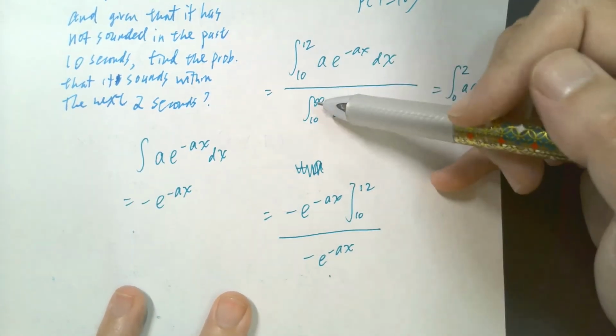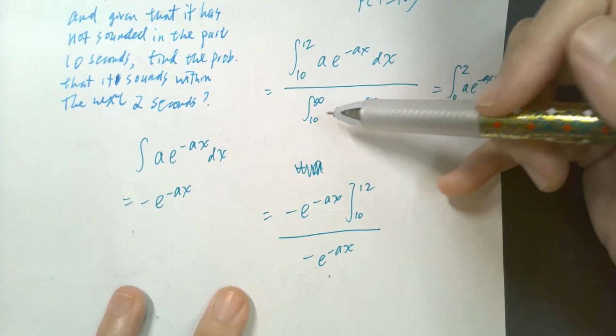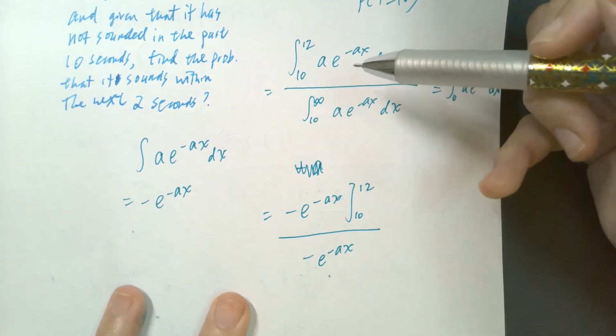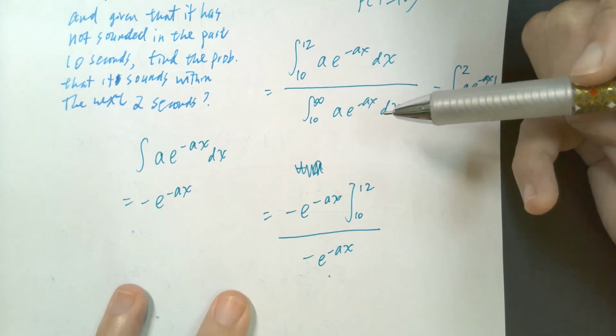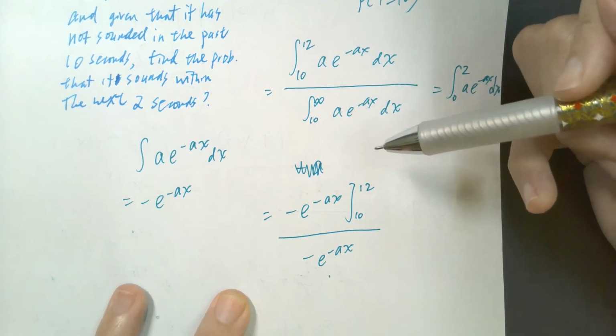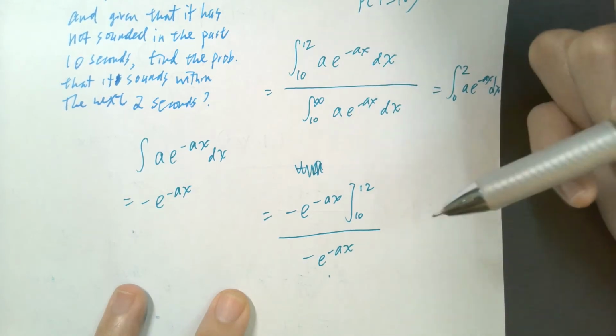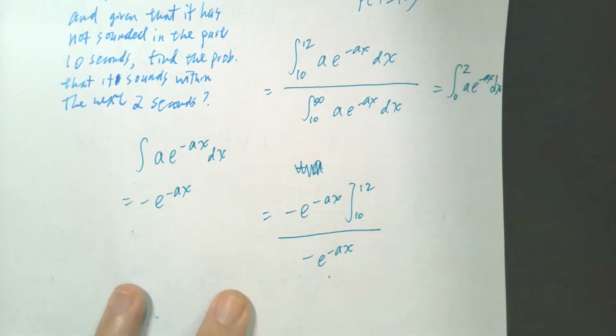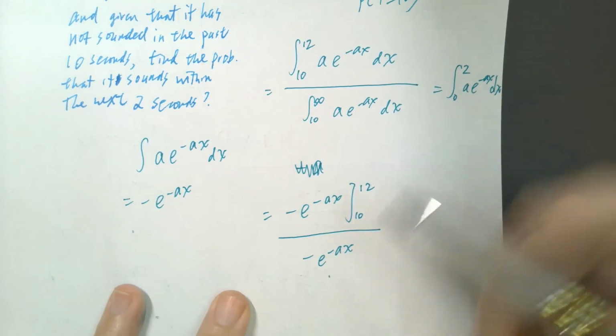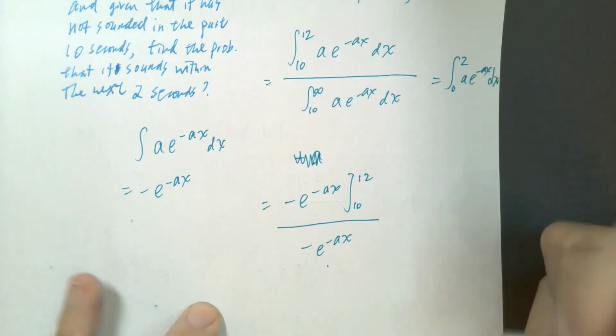We haven't learned this yet, but this is integration to infinity. It's really the same kind of logic, where you do integration from infinity minus integration from 0 to 10. So in the end, you will get this. Just trust me on this for now.